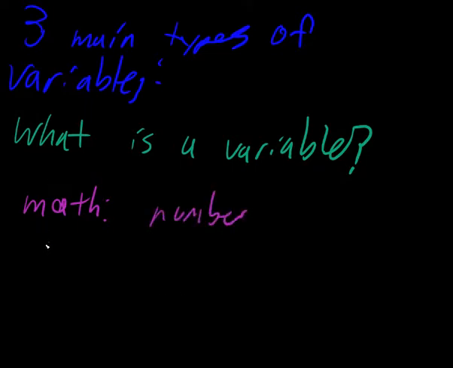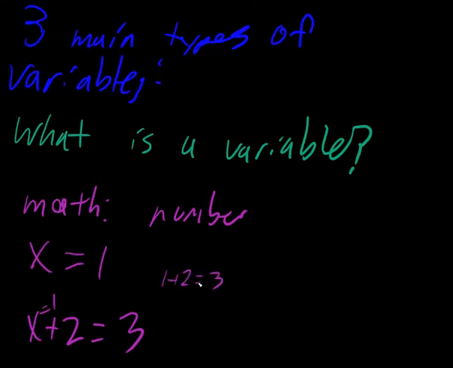So you have a variable like x, and you say it's equal to 1, and now x plus 2 is equal to 3. And you know that because x is equal to 1, so this is actually 1 plus 2 is equal to 3. Very simple.